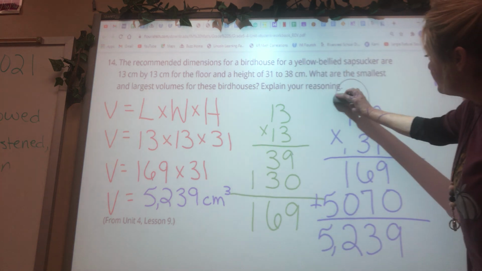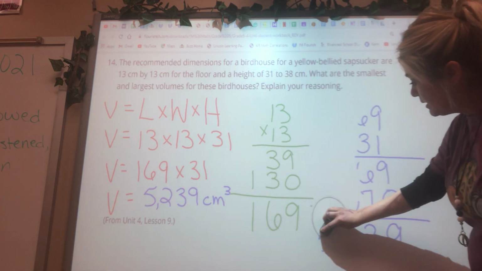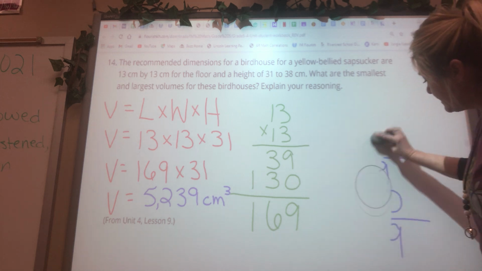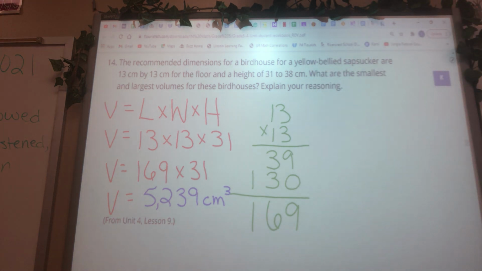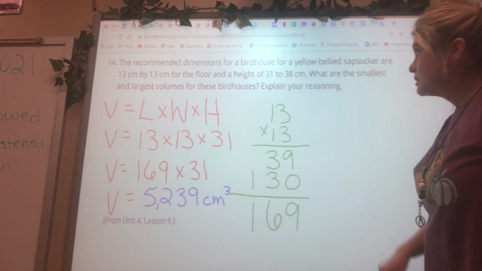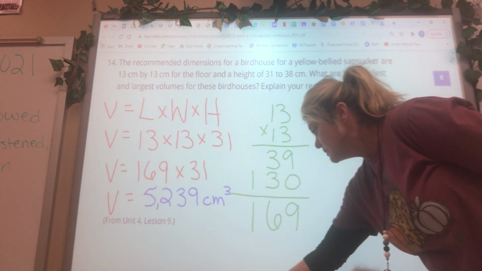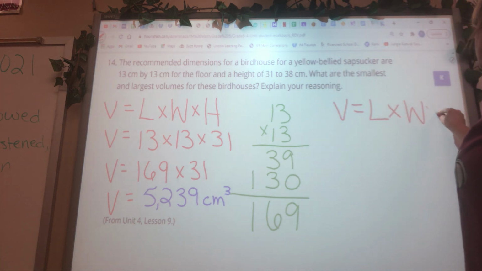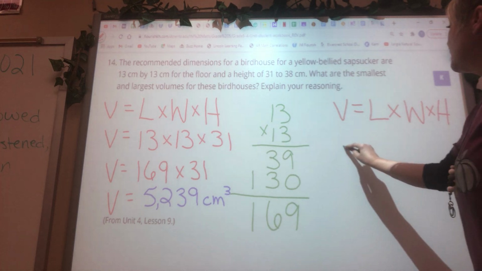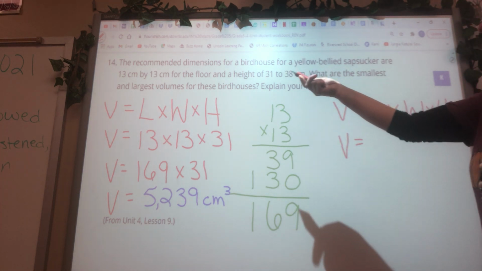Okay, now we're supposed to be finding two answers because it wanted to know the smallest and the largest volume of the birdhouse. So the next number that it told us was 38 for the height. Now volume is still going to be length times width times height. And they didn't change the length or the width, did they?